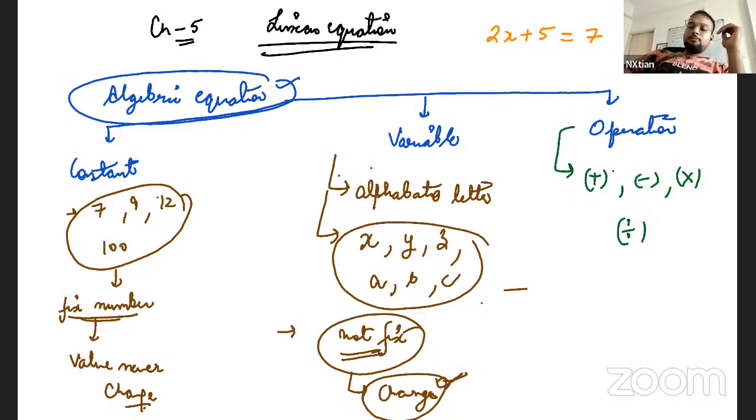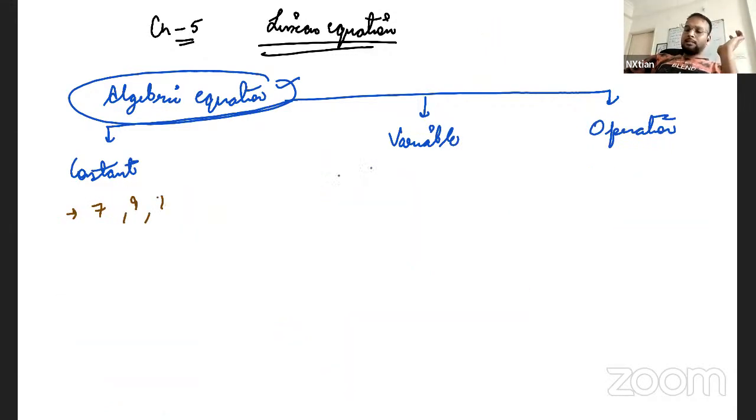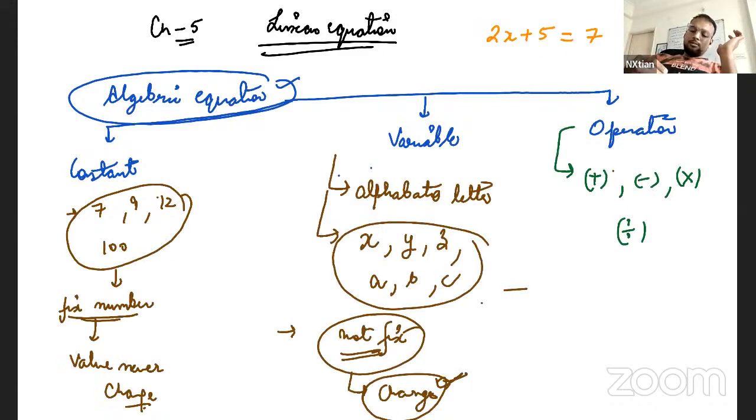Because if you write a multiplication sign, it's going to look like x and x, and you will confuse it. That's why if I write 2x, it should be understood by yourself that it is 2 multiplied by x. Understood, guys?